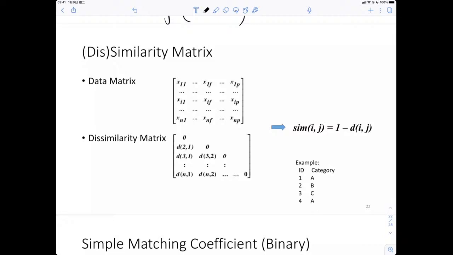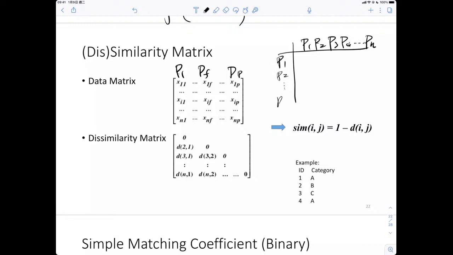So that is data point 1, data point 2, up to data point n. You can draw a two-dimension matrix P1, P2, P3, P4, Pn. We have n points, right? If we have n data points, we can draw a similarity matrix or a distance matrix.